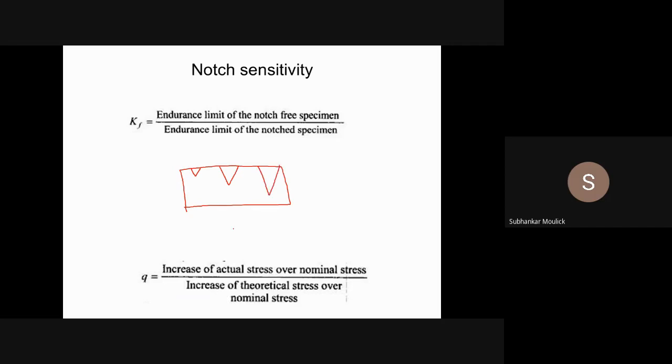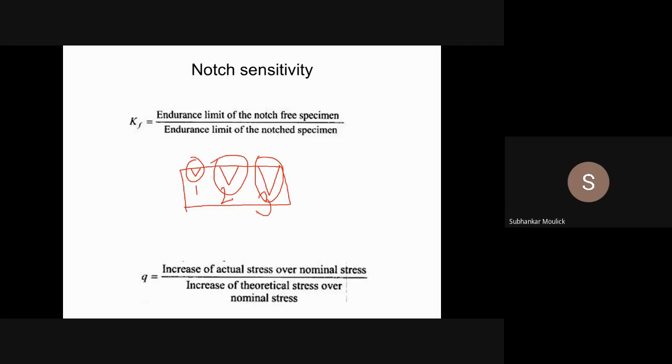Definitely the fatigue failure will take place from this notch also, and from this notch also, and from this notch also. But the highly stressed region will be which region? The region near notch 1, or the region near notch 2, or the region near notch 3? Notch 3, sir.